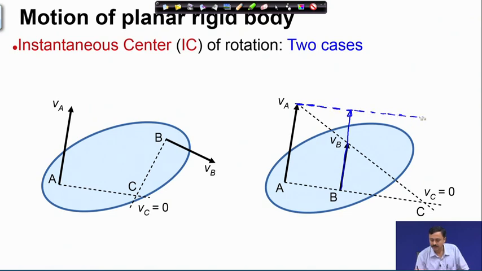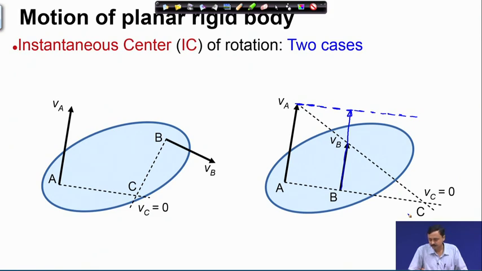What it means is that they will meet at infinity, thus this body is in pure translation. There is no rotation, because these two lines meet at infinity, so C is at infinity.